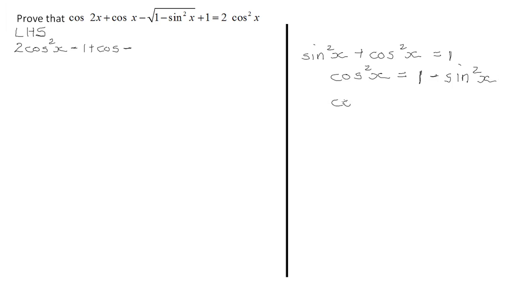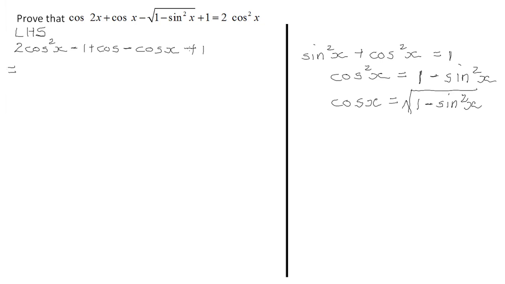Therefore, cos x is equal to the square root of 1 minus sine squared x. I've just proved that the square root of 1 minus sine squared x is equal to cos x. So I can say clearly now minus cos x plus 1.